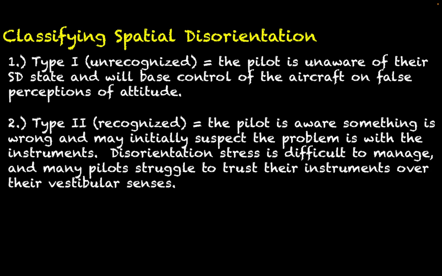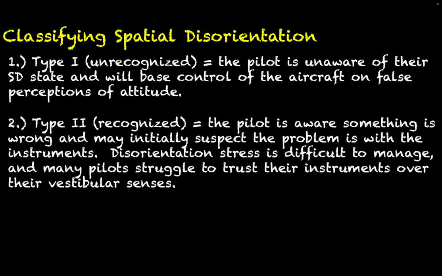You start feeling like, uh-oh, something's wrong, and you don't know whether the problem is with you or with the airplane, and this creates stress because when you go through this training, you're learning how dangerous spatial disorientation is. The stress that comes with this can be difficult to manage, and basically, again, the takeaway is that you need to trust your instruments. That's not to say instruments can't fail, but you need to trust your instruments over your own senses, okay?